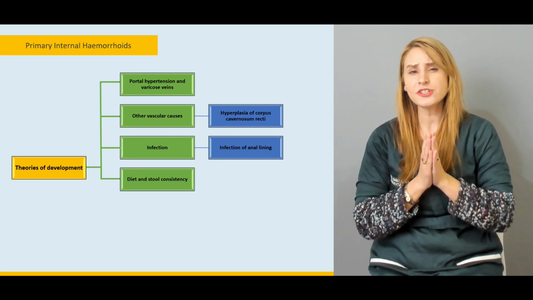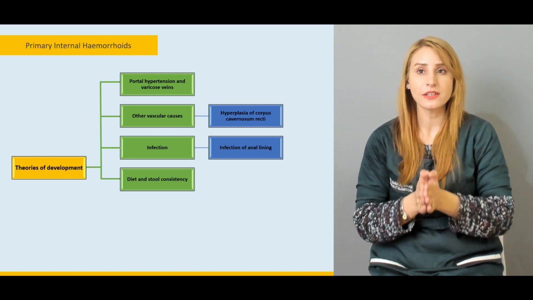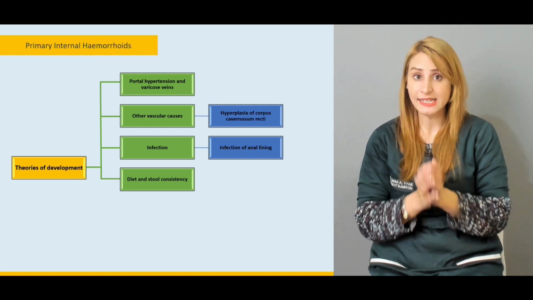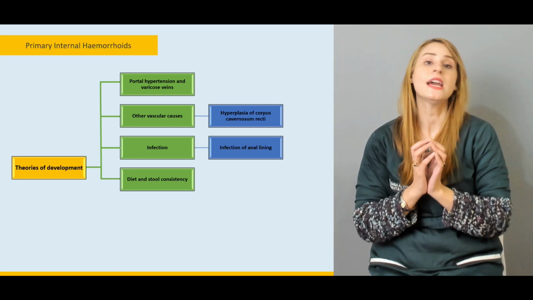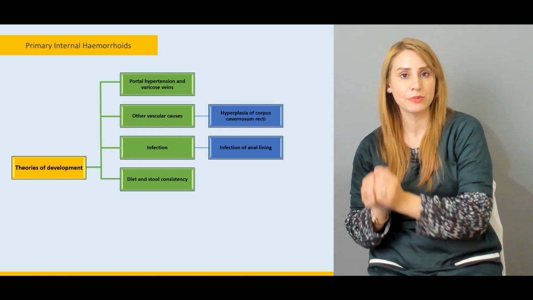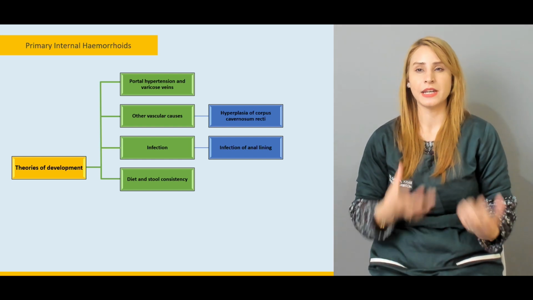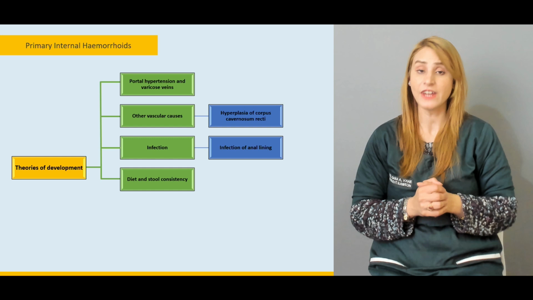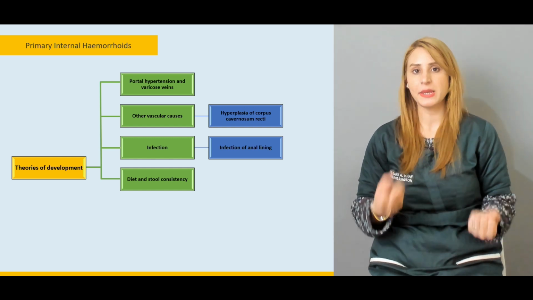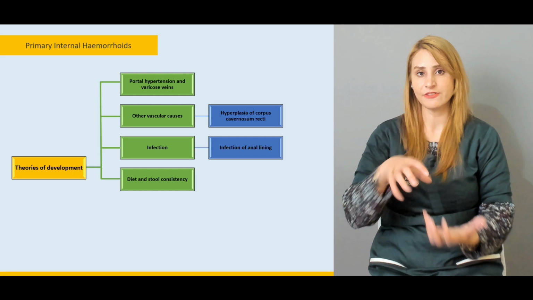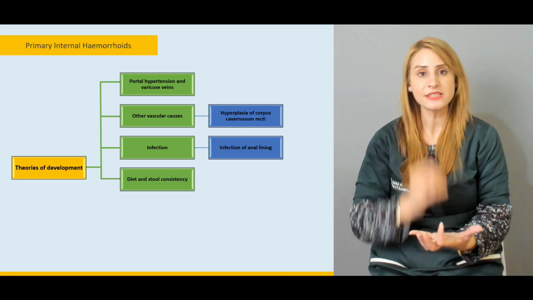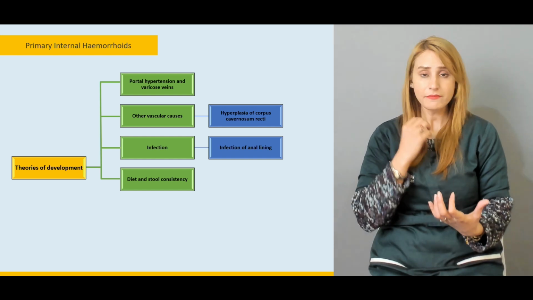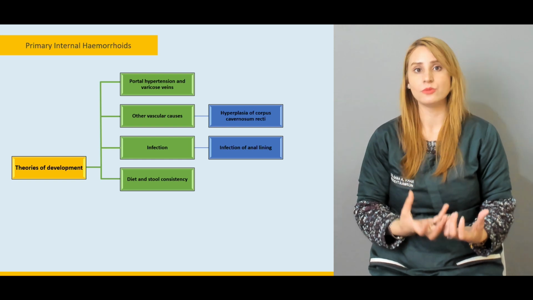The first and foremost thing is diet, because those populations who are taking less water in their daily routine, or a less fibrous diet, and taking more proteinaceous or fatty food, end up making a more bulky stool, because there's less water and less dietary fiber in the food.